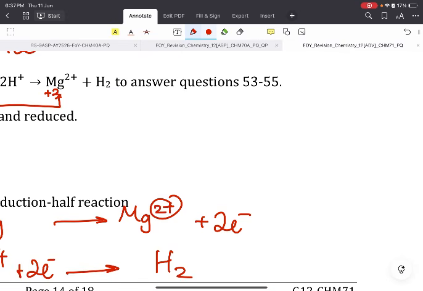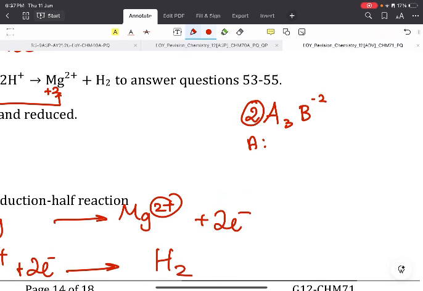I will explain this and keep it in mind. For example, if I have A3B minus 2, and let's say there's a number here. This coefficient, you should multiply it by everything. So if I'm counting A, I have 2 times 3, I have 6A. If I'm counting B, I'll say 2 times 1, I have 2B.